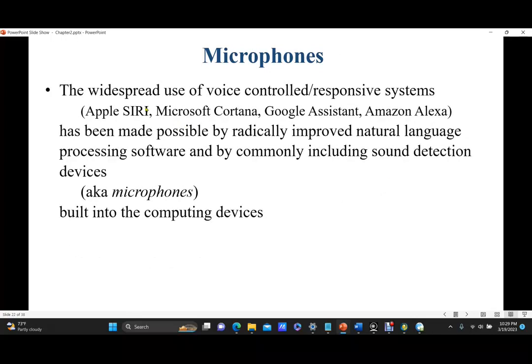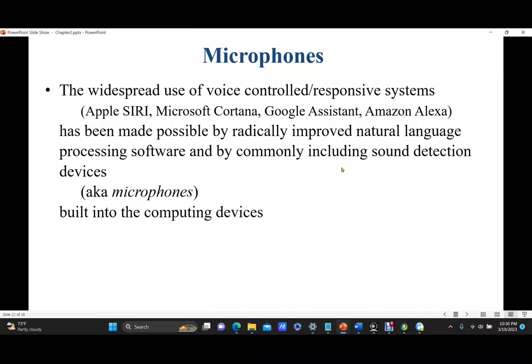The widespread use of voice controlled systems, Siri, Cortana, Google Assistant, Alexa, is made possible by major improvements in natural language processing software.